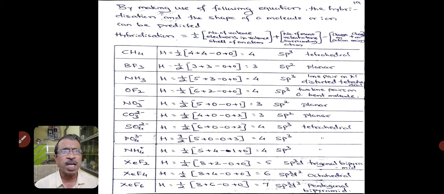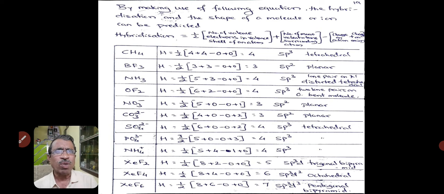So 3 plus 3 divided by 2 is 3, which is nothing but sp2 hybridization. The geometry will be planar. If the value is 4, it is sp3; 3, sp2; 2, sp; 5, sp3d hybridization; 6, sp3d2 hybridization; 7, sp3d3 hybridization.